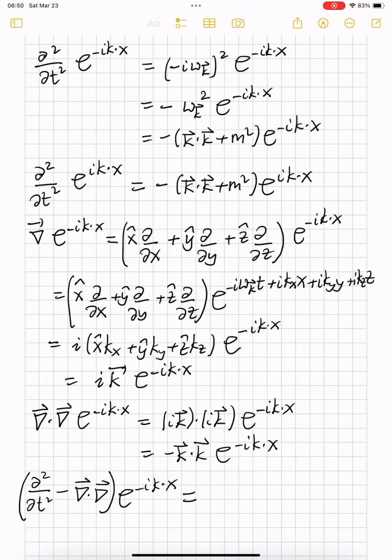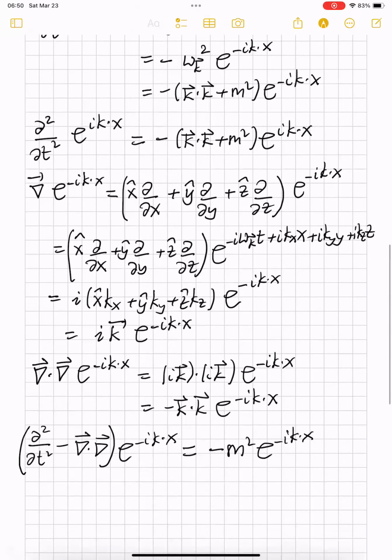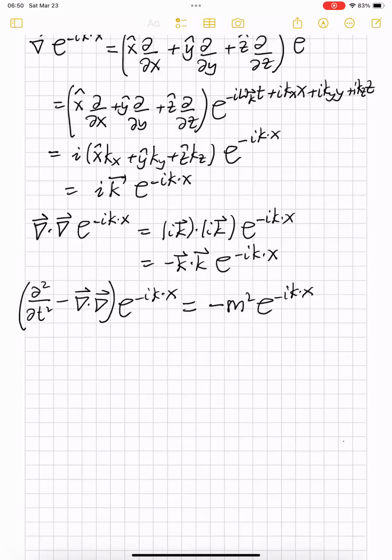So plug it in. We get minus m squared e to the minus ik dot x. Good. So what does that mean? In fact, these exponential factors obey this equation: d2, dt2 minus the Laplacian plus m squared acting on e to the minus ik dot x is equal to 0.